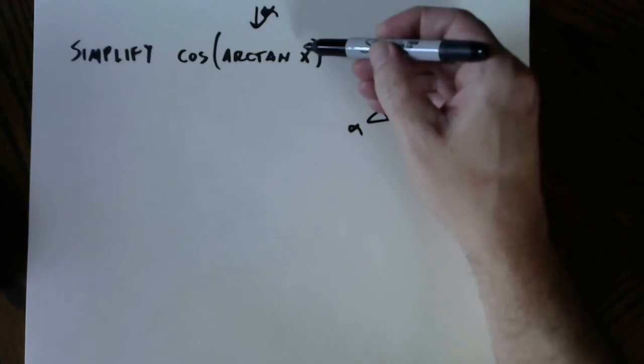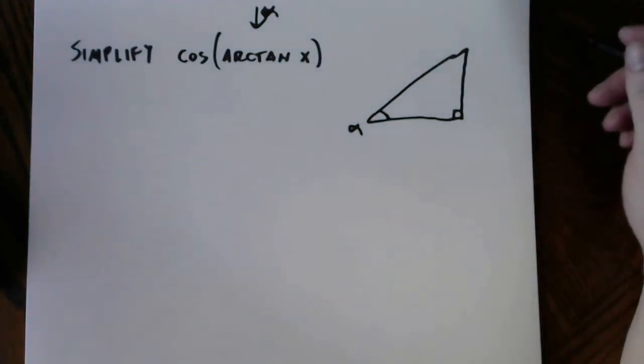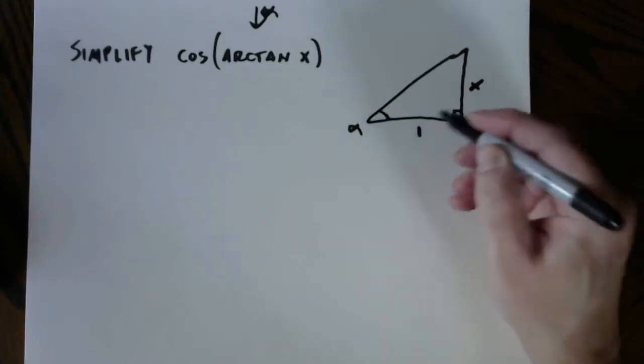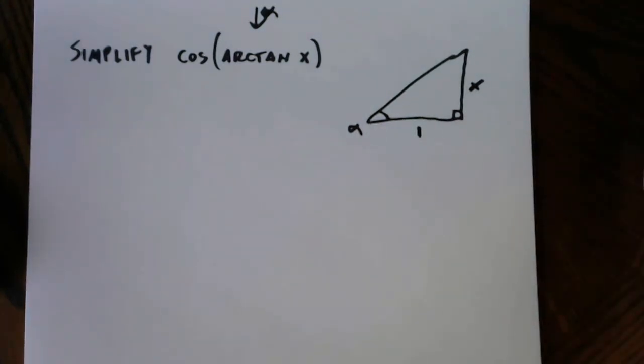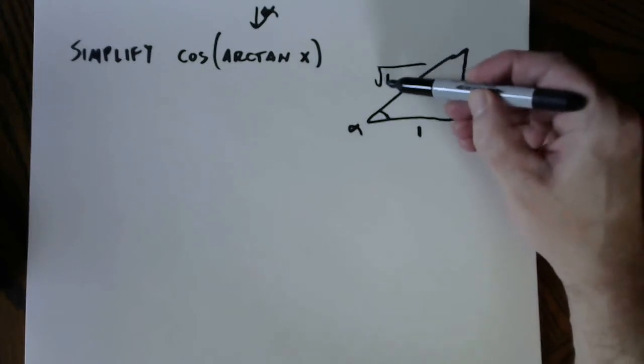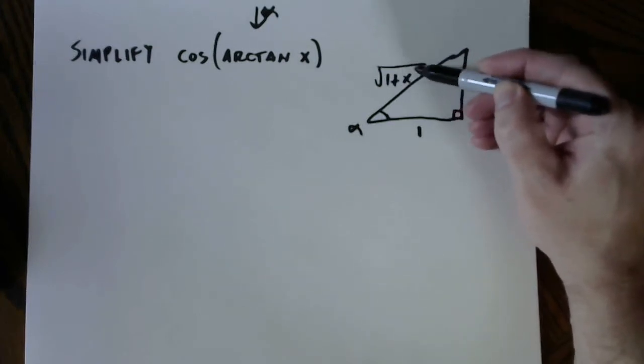Nothing except that its tangent is x, or x over 1, opposite to adjacent. And if I know two sides, I know the third side, by the Pythagorean theorem. That's our old friend. So this side via the Pythagorean theorem looks like this.